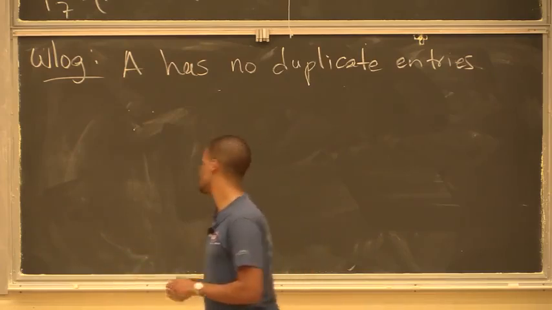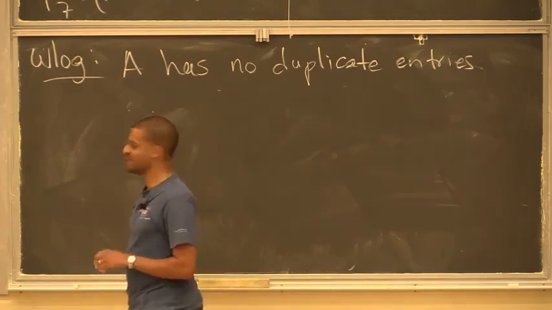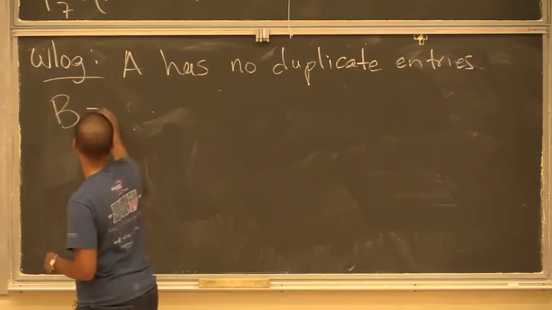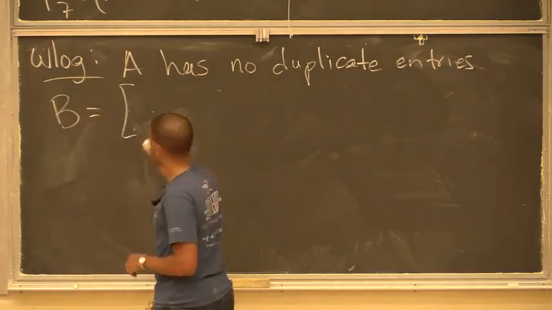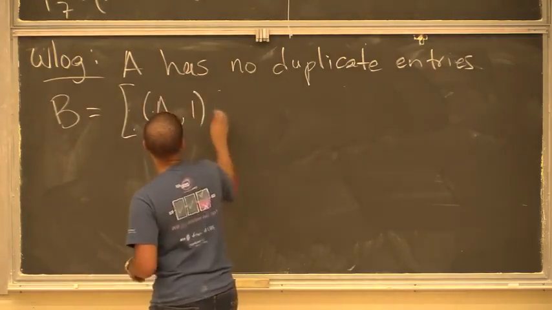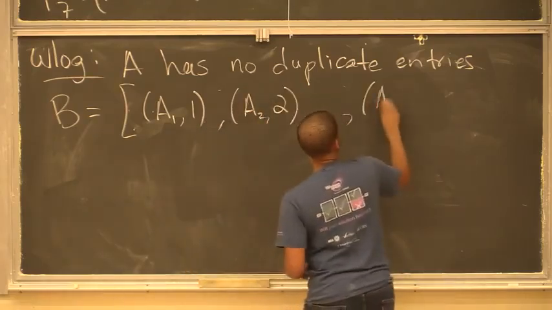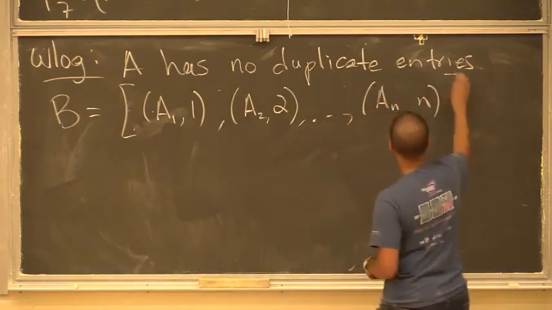The trick is, I have my initial array A. Let me create a new array B, where B is the array of pairs: (A1, 1), (A2, 2), up to (AN, N).